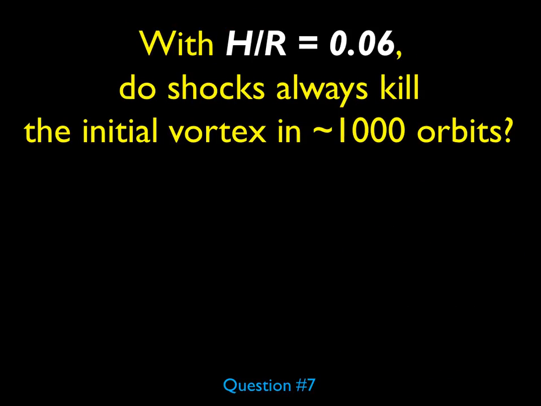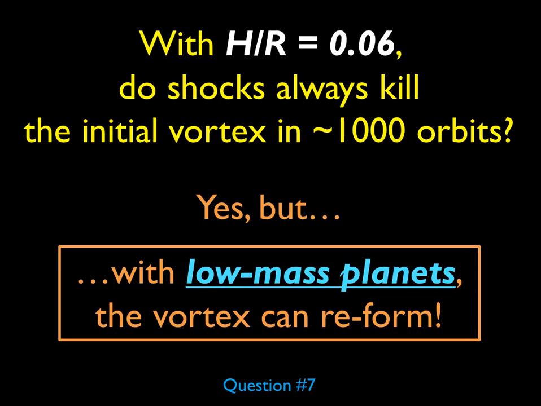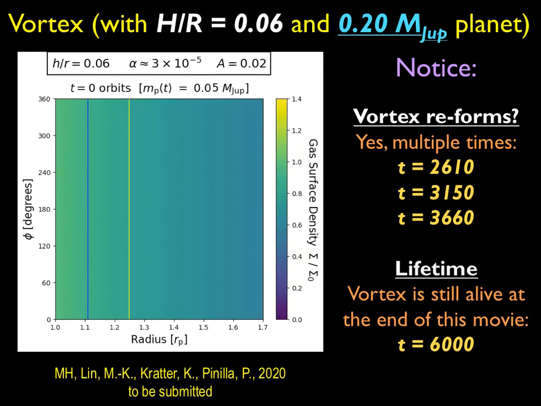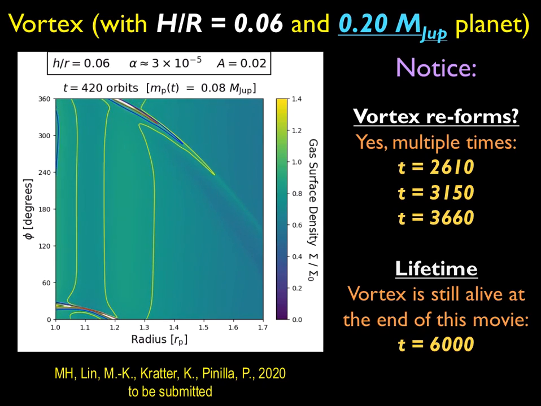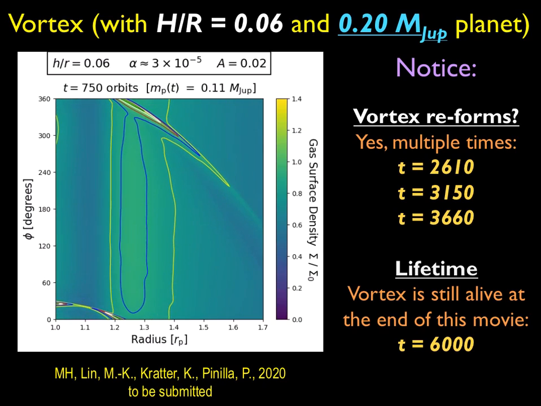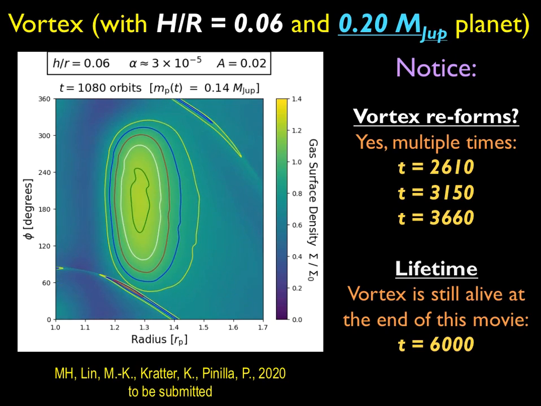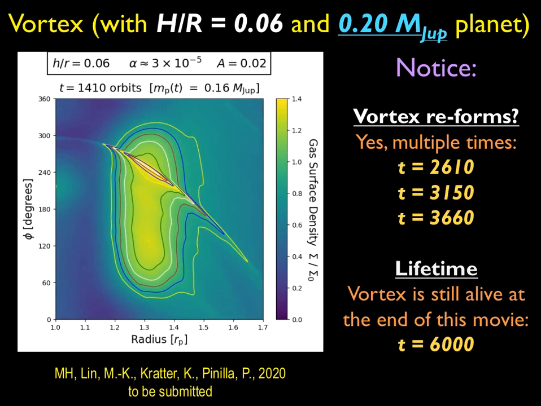Now at h over r equals 0.06 though, we already saw at the beginning that shocks can kill the vortex in a little more than 1,000 orbits. But does that always happen? Now as it turns out, the answer is yes. But with lower mass planets, the vortex can actually reform. Now in this simulation, the planet only grows to about 0.2 Jupiter masses. Like the other cases, the initial vortex only lasts a little more than 1,000 orbits.